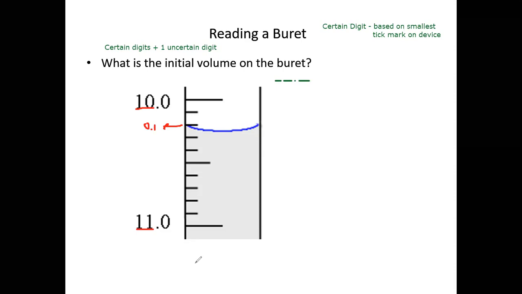Now the estimated digit is generally the placeholder to the right of the smallest certain digit.